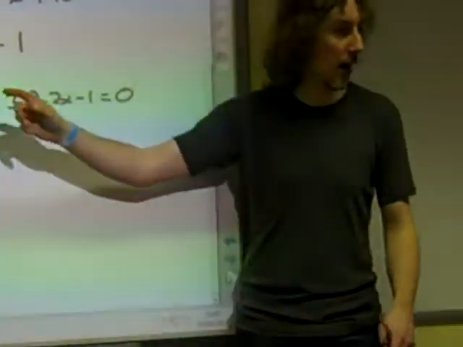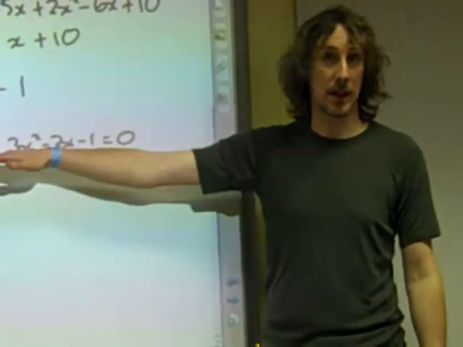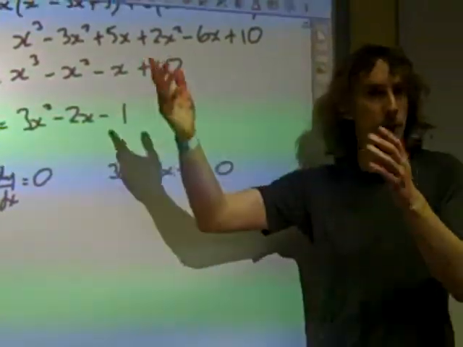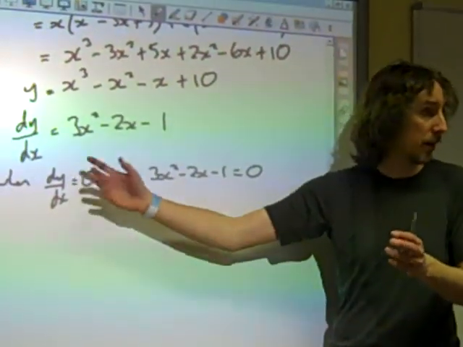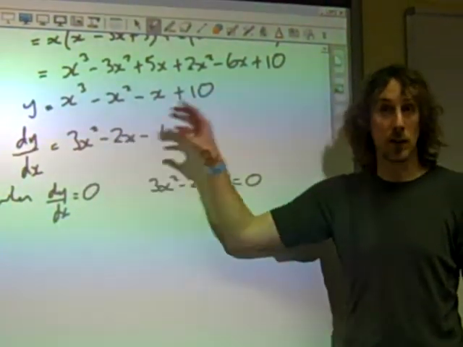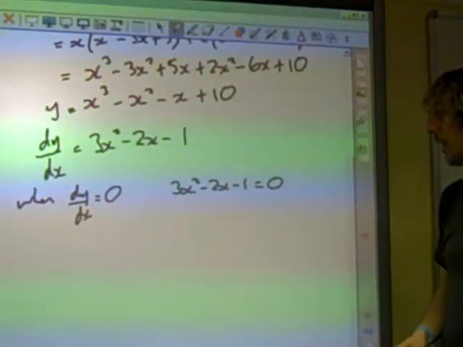And I want you to actually really state this line here. There's a tendency sometimes for people to find dy by dx, to factorise it, to say therefore this stuff happens, without ever actually mentioning that they're putting it equal to 0. But make sure you state that clearly, that you're putting dy by dx equal to 0.